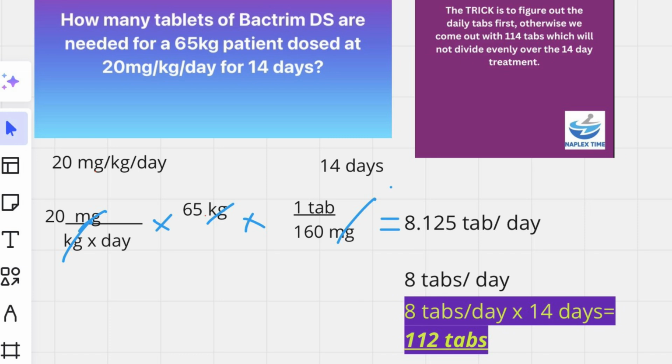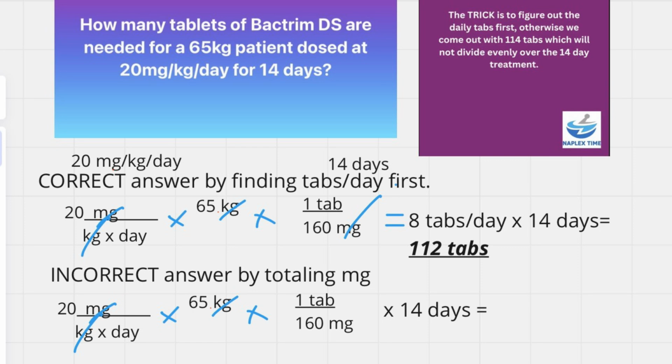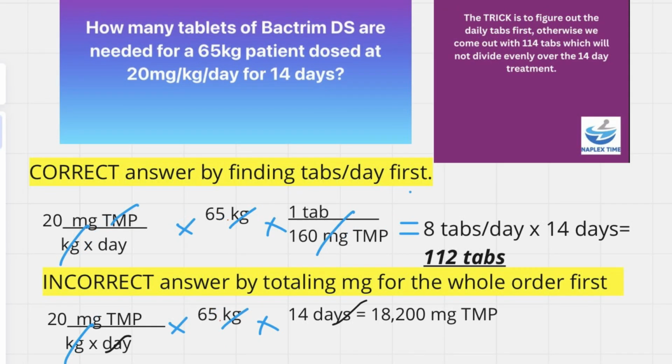It came to my attention that people are getting the wrong answer, and here's why. Instead of doing it the way that we just did it and getting the tabs per day first and then multiplying by the 14 days, instead they were totaling the milligrams for the entire order first and figuring out how many tablets.